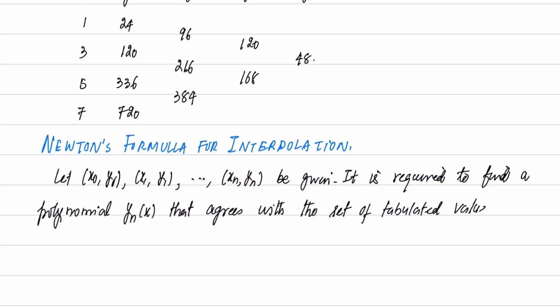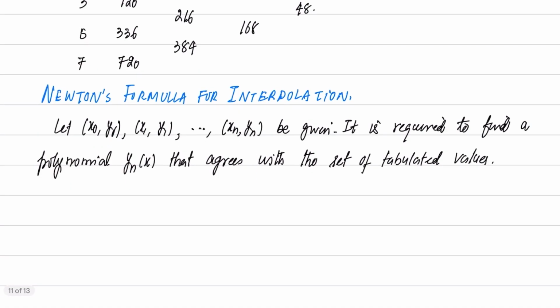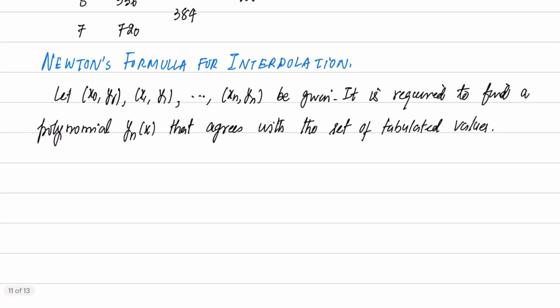So that is actually our problem. We will be given just n plus 1 points, (x0, y0) to (xn, yn). We will find a polynomial yn of x that satisfies all these points. Then using that polynomial, we can find the value at any intermediate x or its derivative.